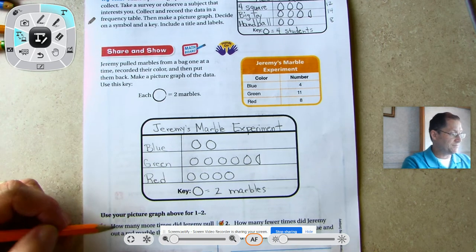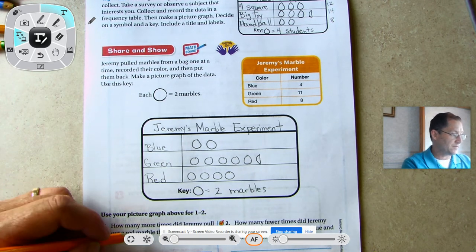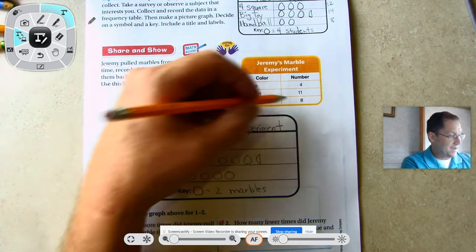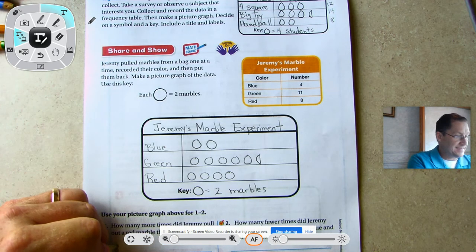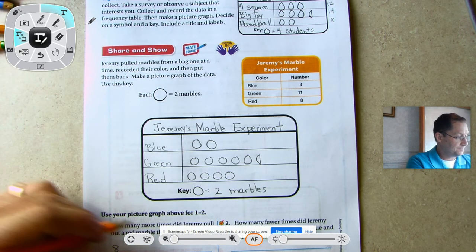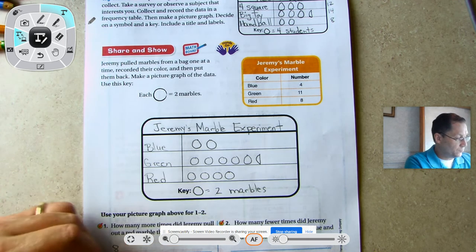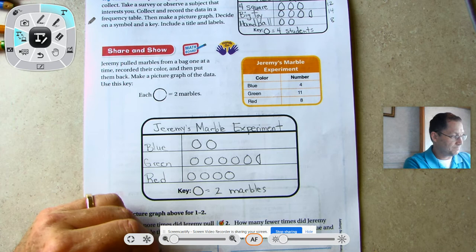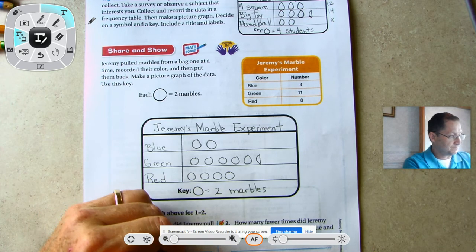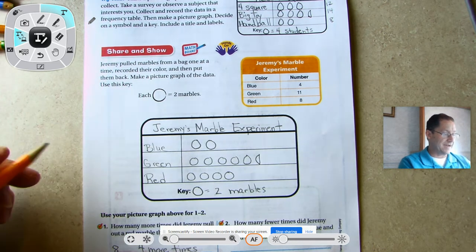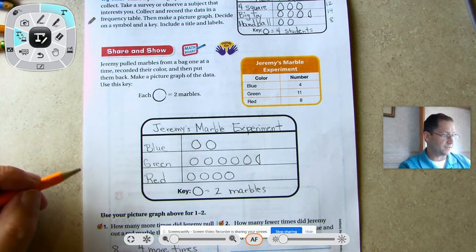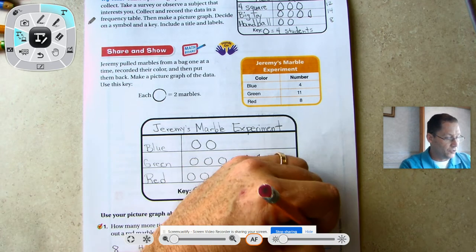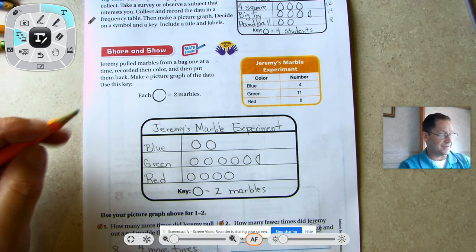How many more times did Jeremy pull out a red marble than a blue marble? Red, 8. Blue, 4. 4 more times. How many fewer times did Jeremy pull out green marbles than blue and red combined?